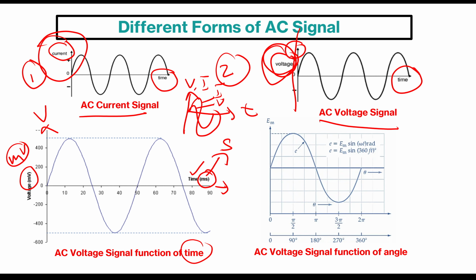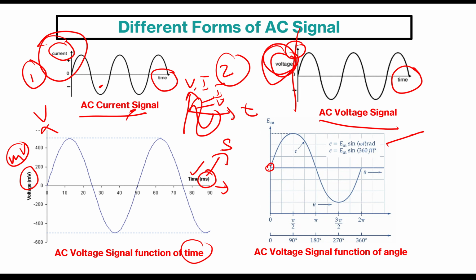Here, this way sometimes we can use it, and this side is telling the angle of the signal. The signal shown here is only one signal, from here to here.